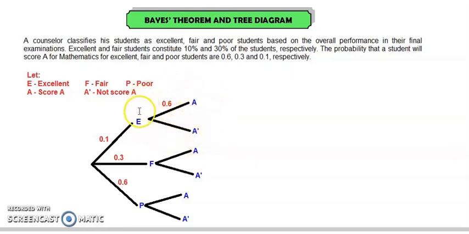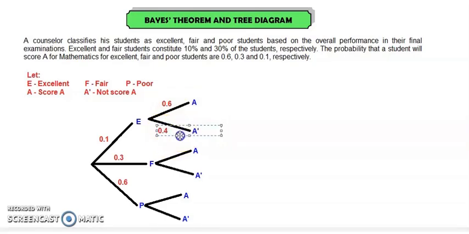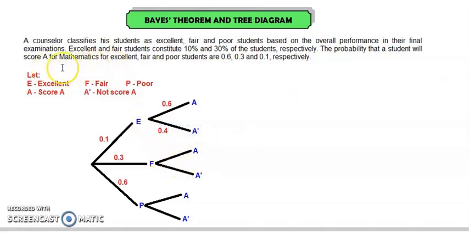Again, total probability for one event must be equal to 1, so if score A is 0.6, did not score A will be 0.4. Next, score A for fair is 0.3, so did not score A will be 0.7.